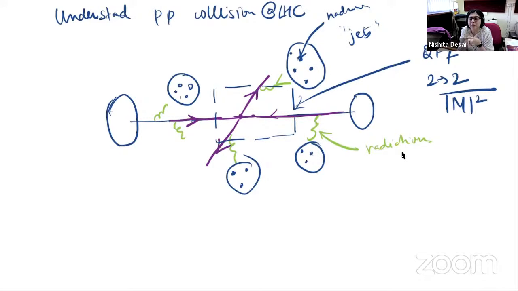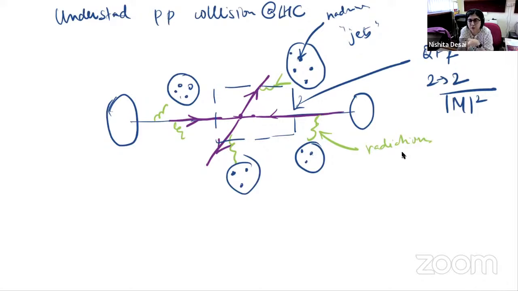And then you need to define variables that you can compare easily to theory. So talking in terms of the number of hadrons or the number of positively charged hadrons or negatively charged hadrons might not in itself be a useful variable.